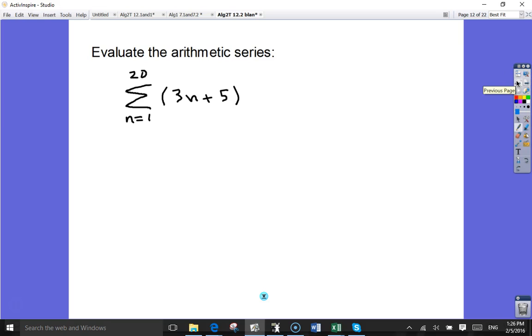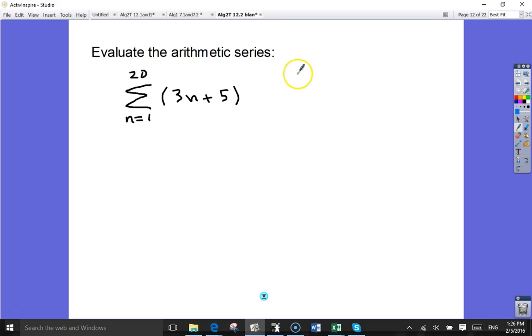All right, so evaluate the arithmetic series. Now, we saw last class that, honestly, there's a summation notation, a function inside the calculator to do this. But right away, I'm going to say I'm going to do it using the formula instead of doing that. Right? So let's see.